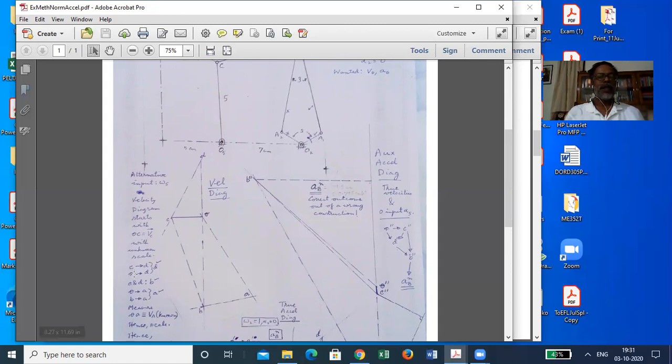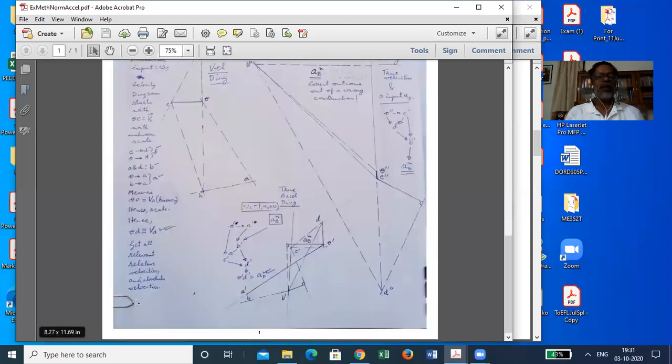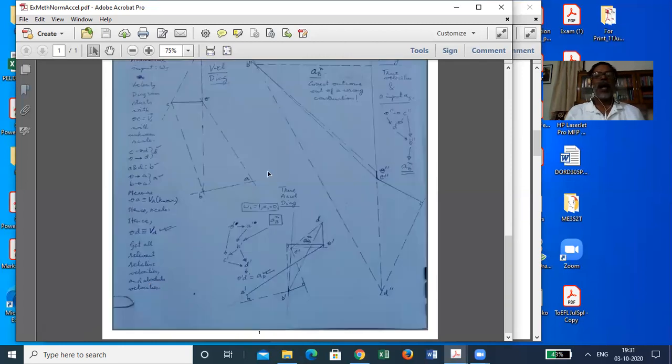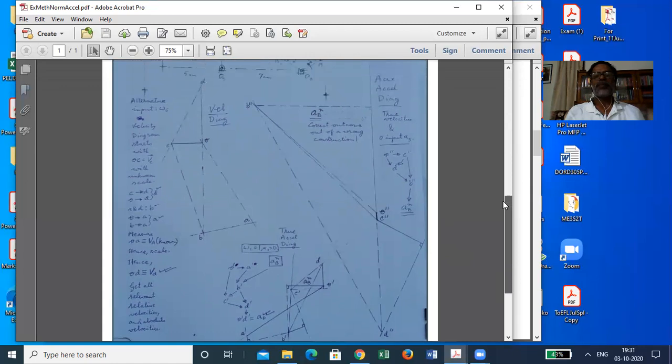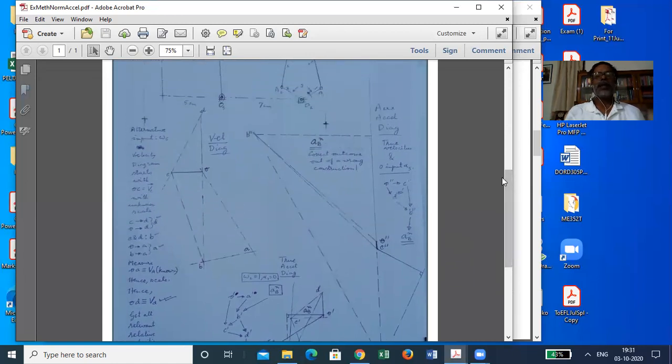Then C to D, O to D, cut, get D. Then knowing C and D, you complete the triangle, get B. Then O to A, B to A gives you A. Then measure OA, which is known velocity VA, get the scale, and hence get all the other relative and absolute velocities, whichever is needed. And from there, now you can find out acceleration diagram. First the auxiliary acceleration diagram, and then with the help of that, the true acceleration diagram.